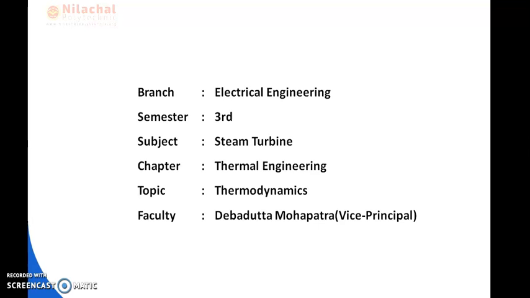When we use the high pressure jet of water, that is in the hydropower station, that is known as the water turbine. And when we are using the jet of steam in the turbine, then it is known as the steam turbine. So steam turbines are mainly used in the thermal power plant for the generation of power.